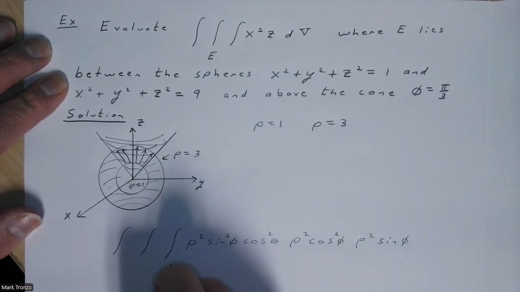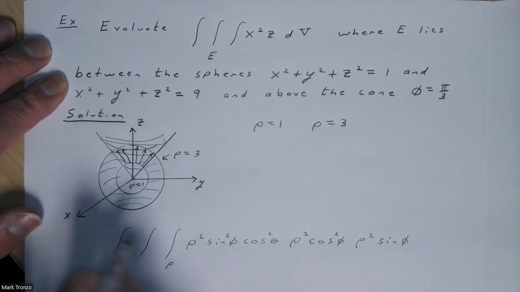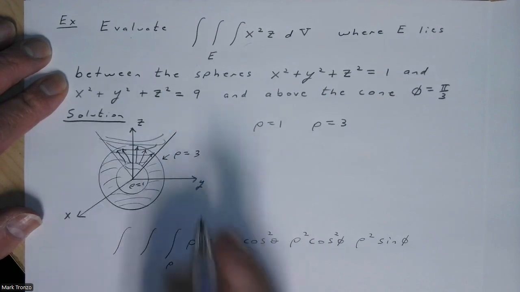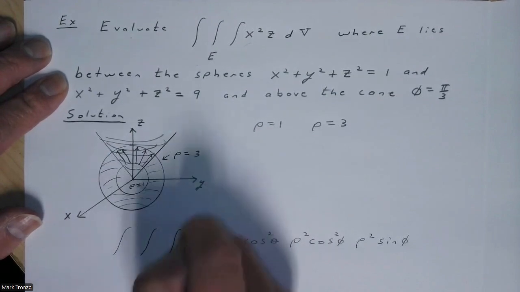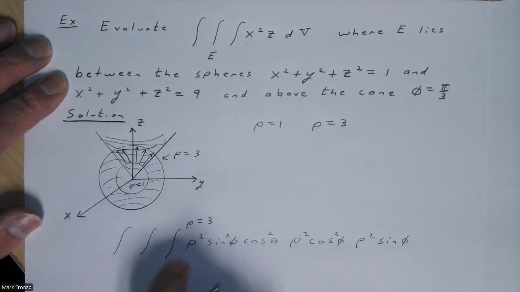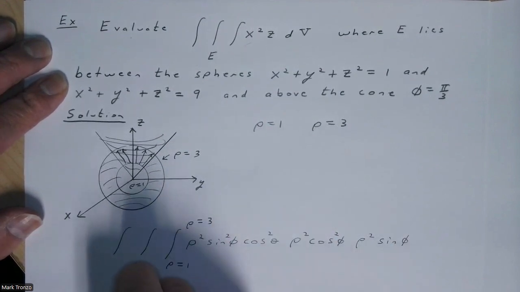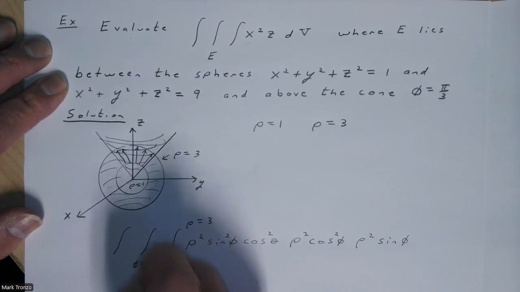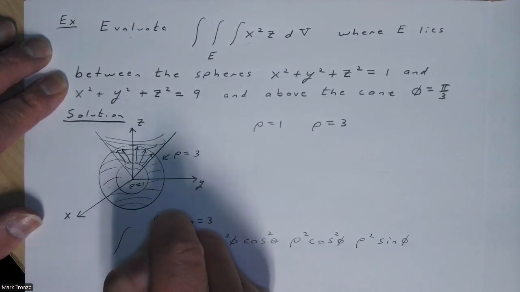Let me do rho first. Again, we're going from this inner sphere to the outer one. And we're going from phi equals 0 to phi equals pi over 3.